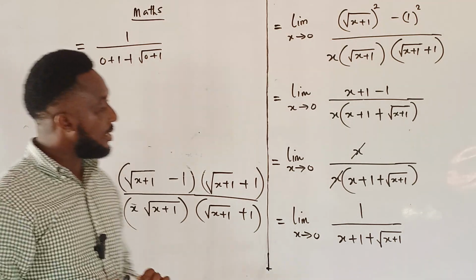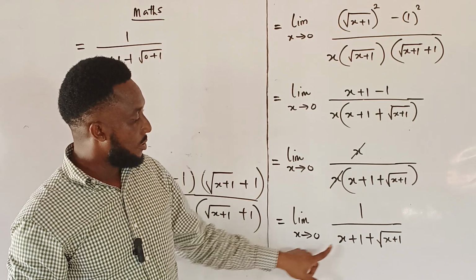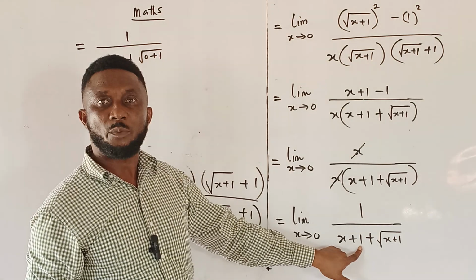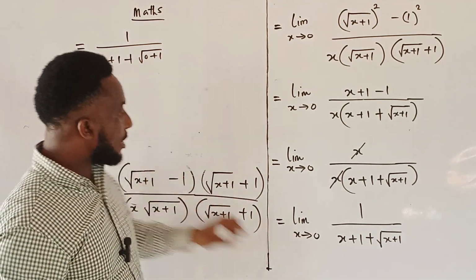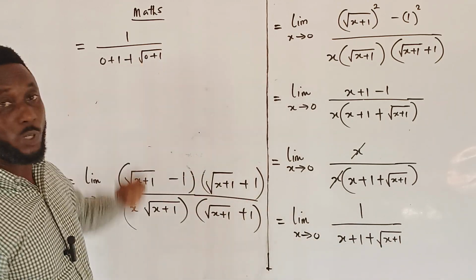Now, what we have done here is very simple. Anywhere we see s, we replace it with 0. So this s is actually a 0, that's what you are seeing here. Then the 1 here remains intact. Then the square root sign is carrying s plus 1. So you have 0 plus 1.